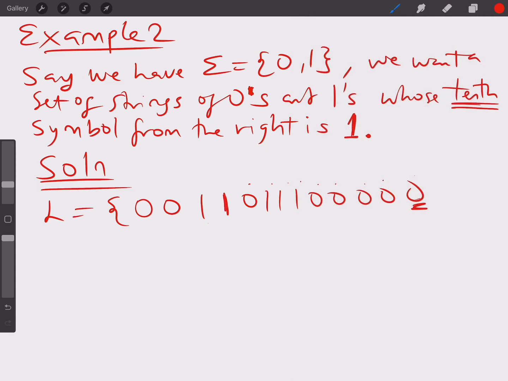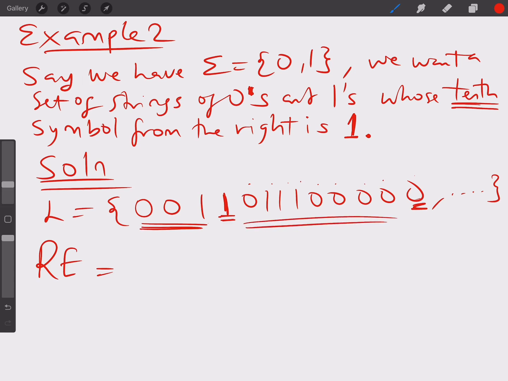And so on and so forth. We can have a string of any length, but we want the 10th symbol to always be a 1. How do we design the regular expression for that? Note we don't care about the length of the left hand side. We only care about the length of the right hand side.